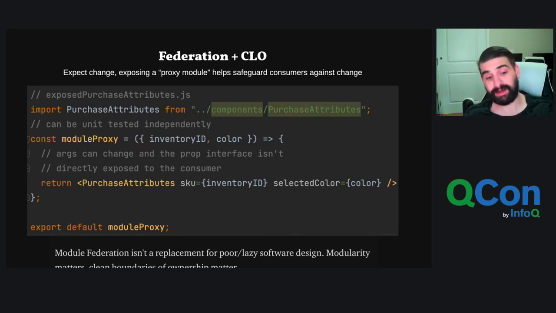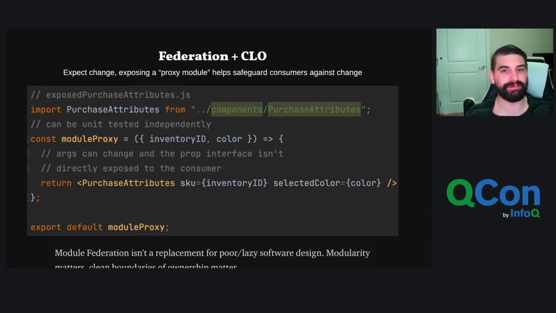If it does break that contract, because it is proxied out, we have the opportunity where we could take the existing contract and transform the data into the new shape that our purchase attributes component might anticipate under the hood.